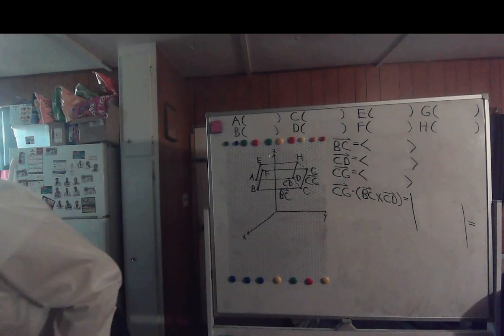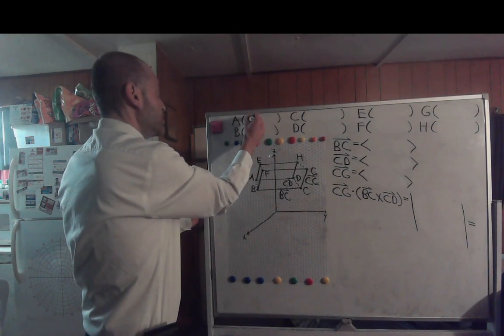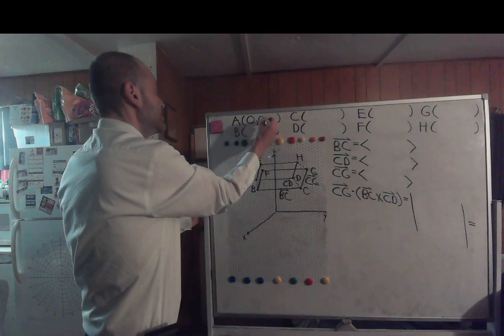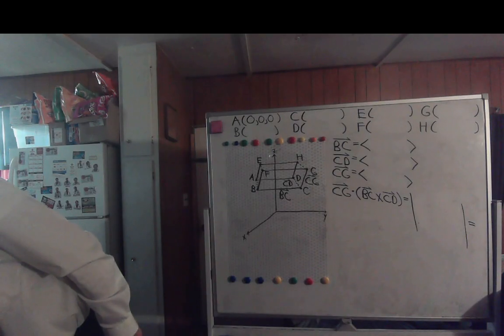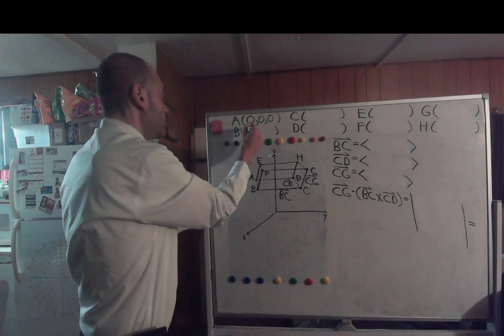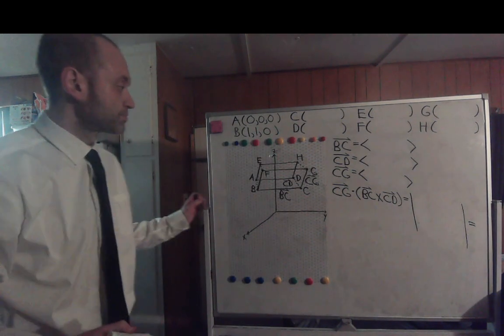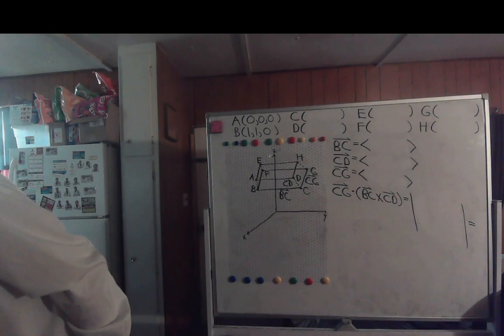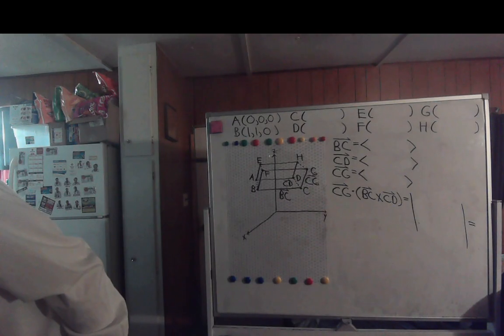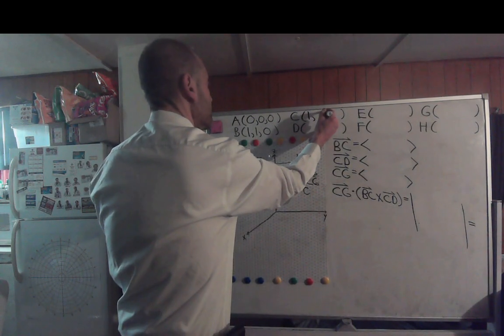So for the next problem, A still is at the origin at 0, 0, 0. B is at 1, 1, 0. Let's see. C is at 1, 0, 2.